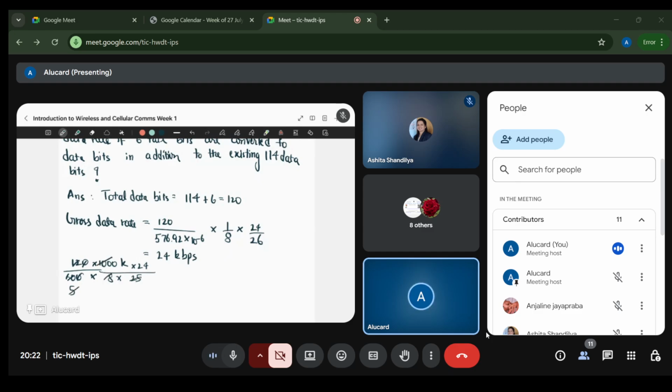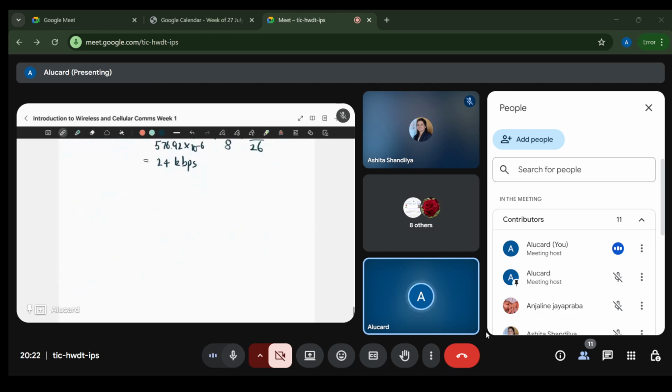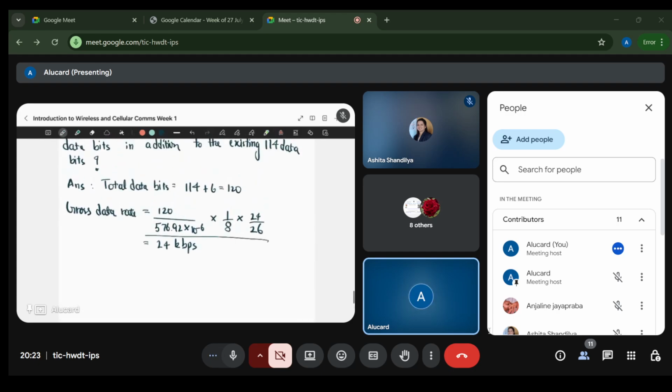So this will all cancel out, and it's approximately 24 kilobits per second. If options are not given, if it's a fill in the blank type of question, then you can just use your calculator. How we got this, you can check in the lecture videos.